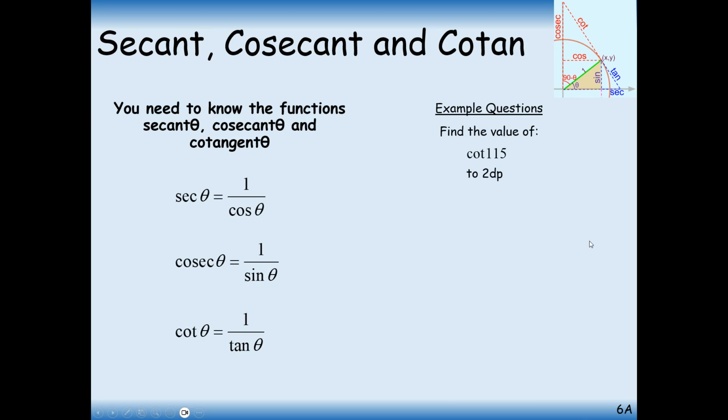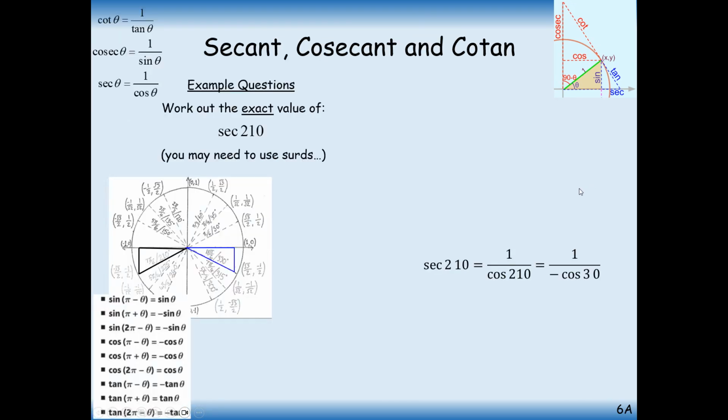Now, cotan of 115 degrees is 1 over tan of 115 degrees. So that's what you should get from your calculator, negative 0.47.